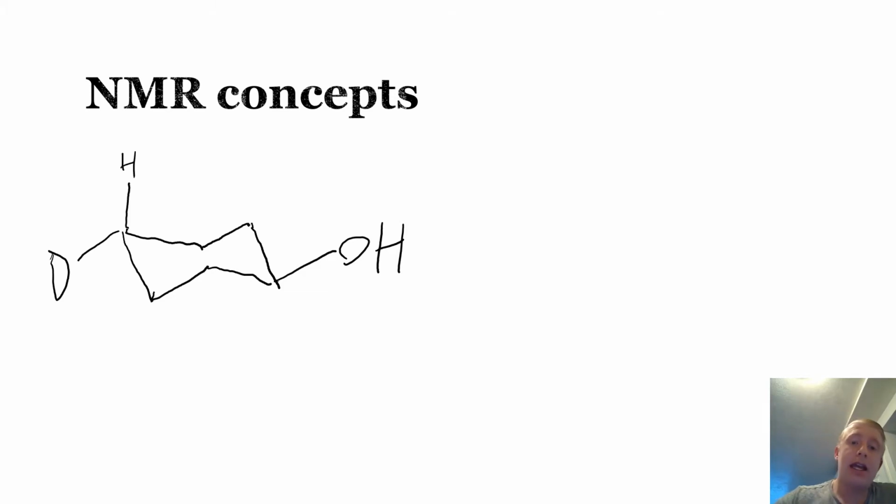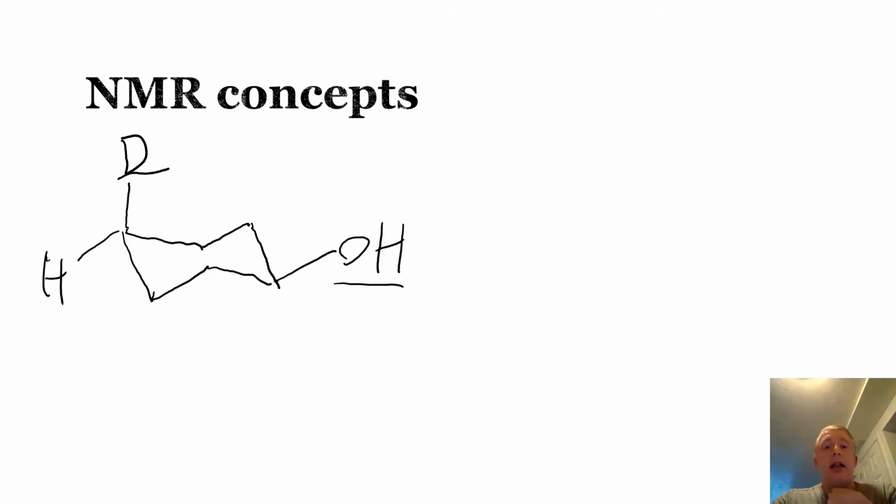However, in this configuration, we'll notice that we have a trans product. The deuterium and the OH are on opposite faces of the ring, whereas in this case, we have a cis product where the deuterium and the OH are on the same face of the ring.